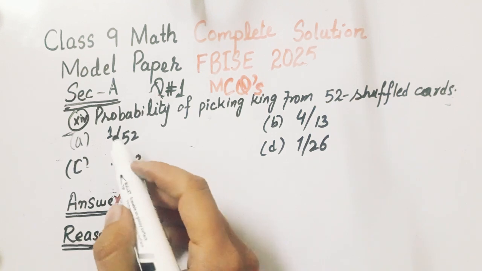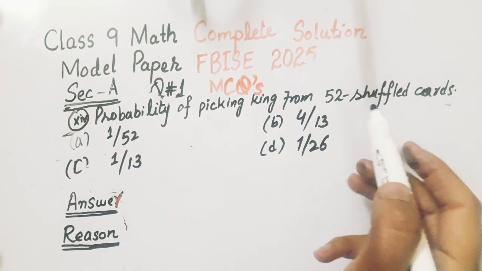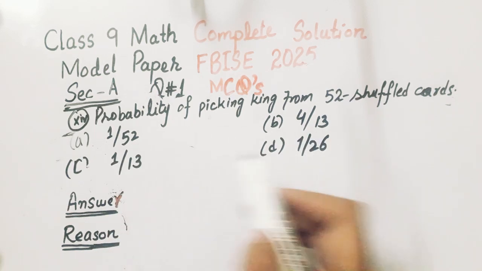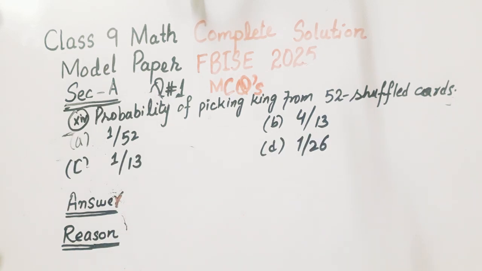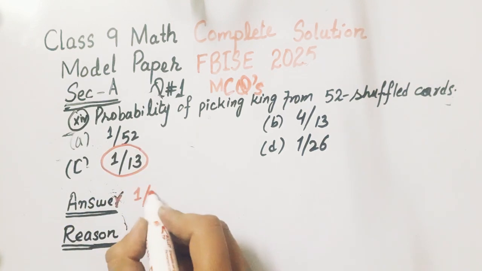Now MCQ 14 is: probability of picking a king from 52 shuffled cards is 1 by 52, 4 by 13, 1 by 13 or 1 by 26. The correct option is 1 by 13. We will write the answer.